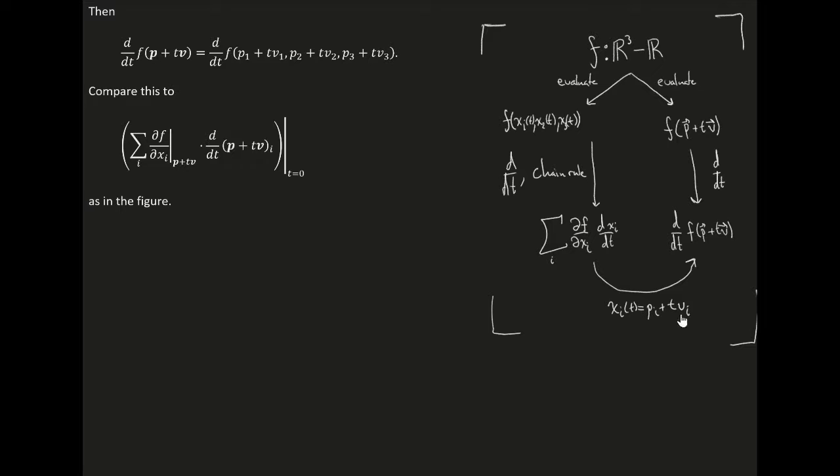From there, we have taken the derivative of f with respect to t, and then we've decided what the xi's are. And so this amounts to simply the derivative with respect to t of f of our point p plus tv.